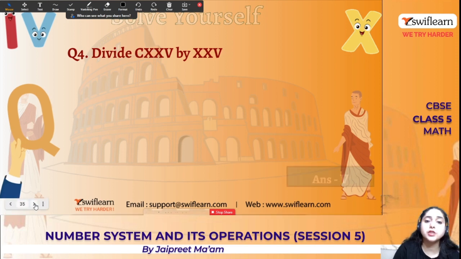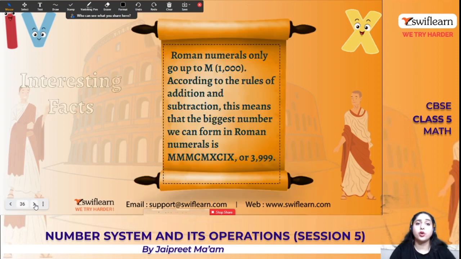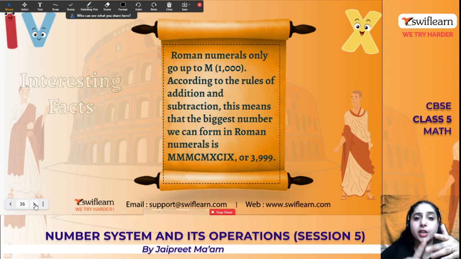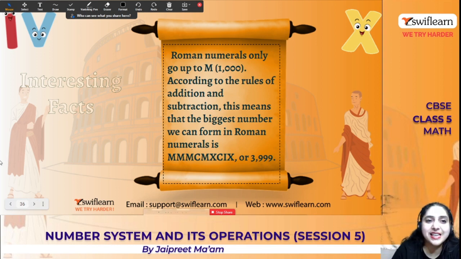So we have learned 4 operations on Roman numerals: addition, subtraction, multiplication, division. Now let's see an interesting fact. What is the fact? Roman numerals only go up to M, 1000.